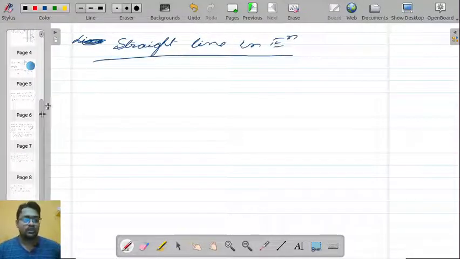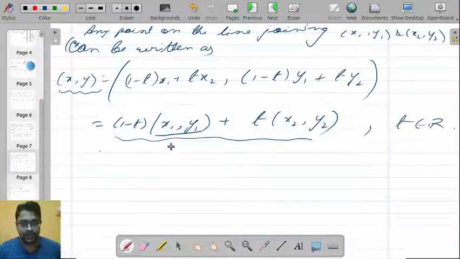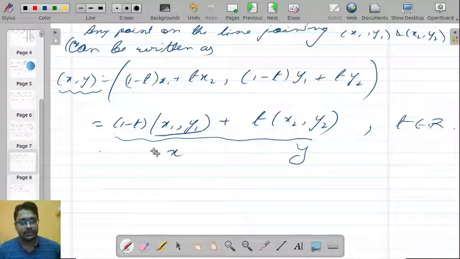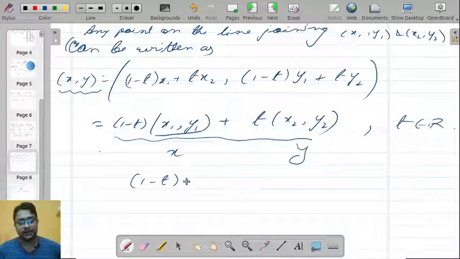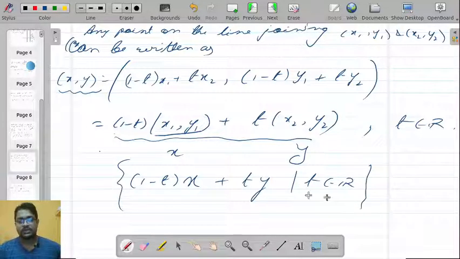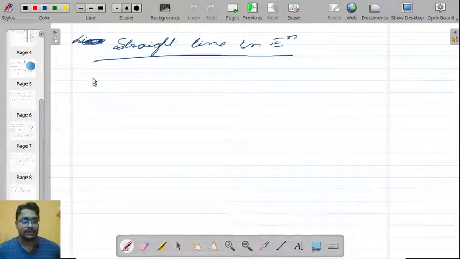Whatever I have written here, if I denote this by a point x, and I denote this by a point y, then the equation of the straight line is the set of points (1 minus t) times x plus t times y, such that t belongs to R. The collection of this type of points is the straight line which passes through the points x and y. So this is exactly what we will write here.